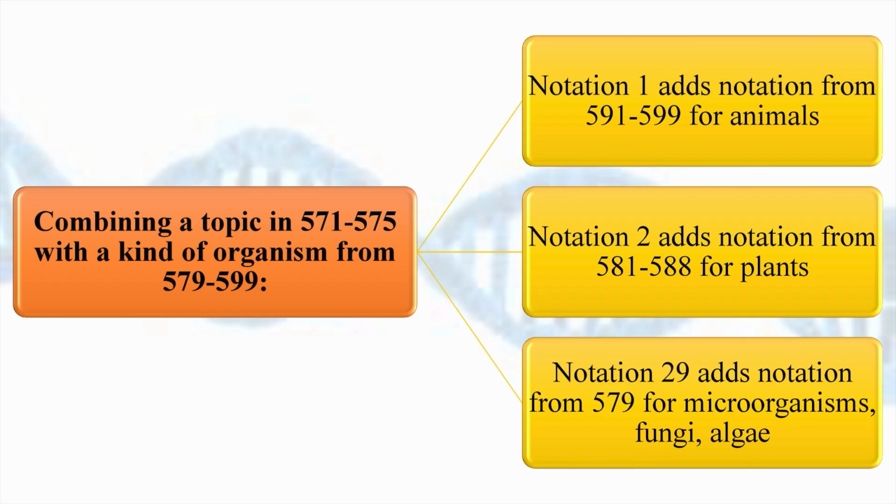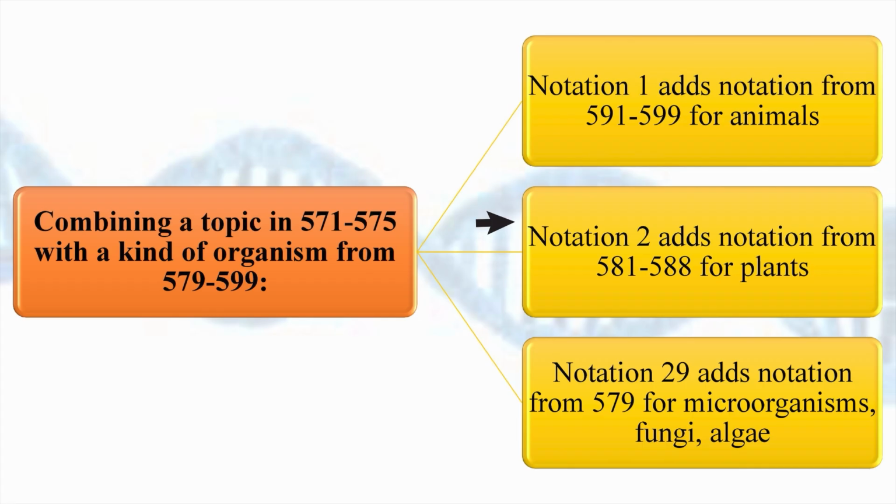Firstly, we can add notation from 591 to 599 for animals. Secondly, we can add notations from 581 to 588 for plants. You know that 590 is animals or zoology, whereas 580 is plants or botany. So when we are adding the number for botany or plants, it would be from 581 to 588.